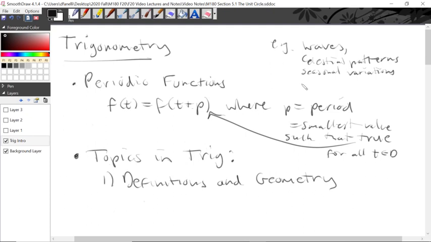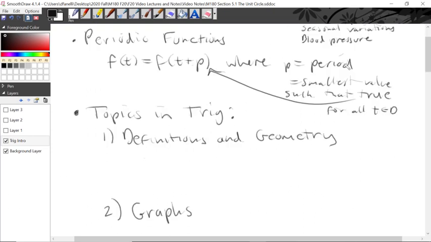Heart rhythms and blood pressure are regularly repeating cycles, right? Systolic and diastolic pressure readings. They vary with respect to time, but they are repeating. These can all be described by periodic functions, anything that is repeating, whereby after some span of time called the period, the smallest span of time where this would be true, the period of the function.